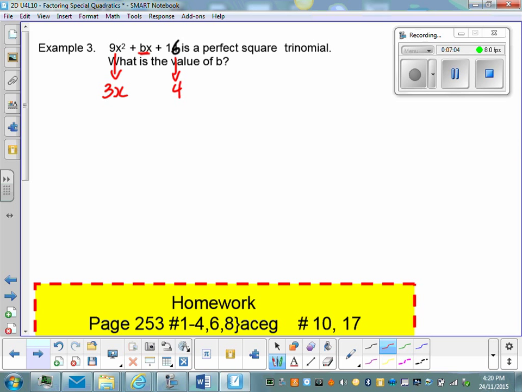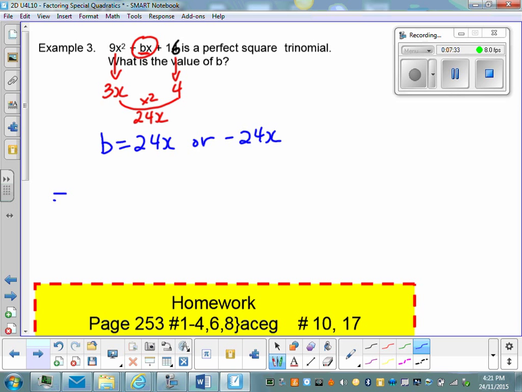The square root of 16 is 4. If I multiply those together and times by 2, so 4 times 3x is 12x, times 2 is 24x. That means that that's what I need to get in the middle up here. And keep in mind that b could be equal to 24x or minus 24x.